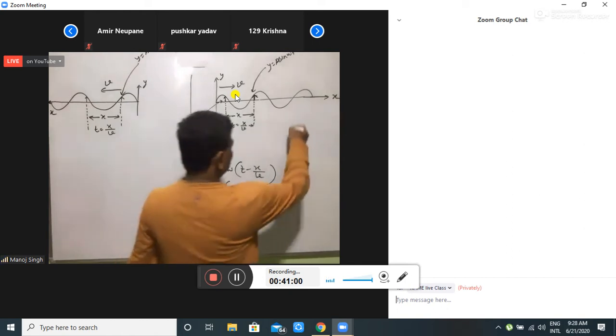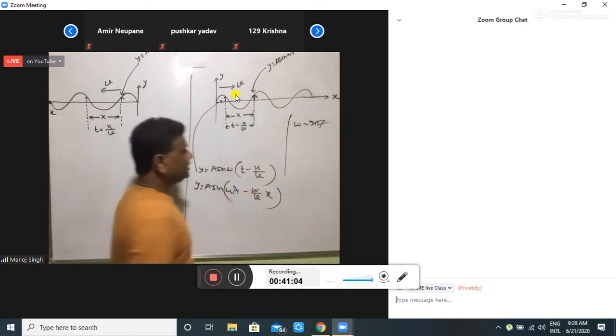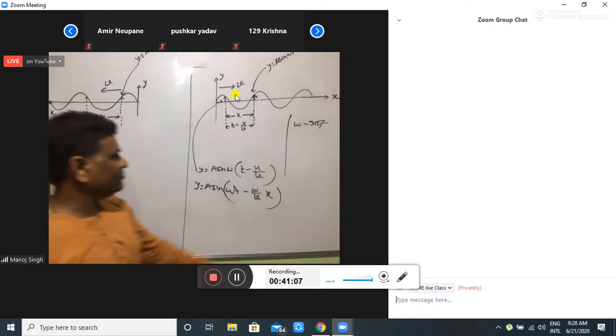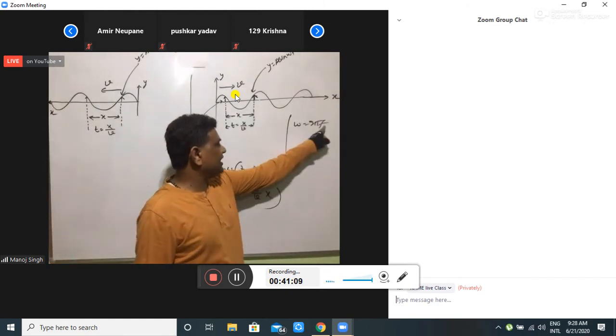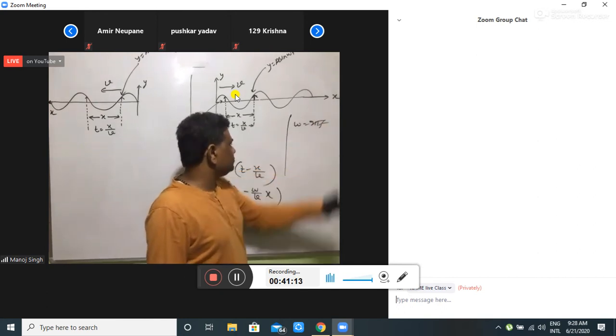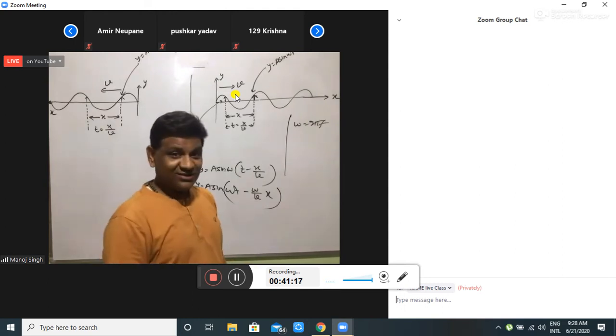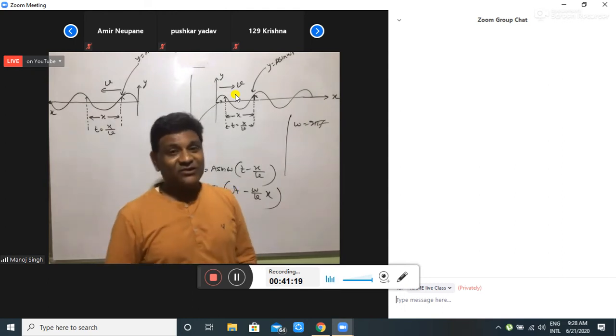Now, you know all this: omega is equal to 2 pi f, the angular frequency. And what is v, the wave velocity? Wave velocity is equal to f into lambda.